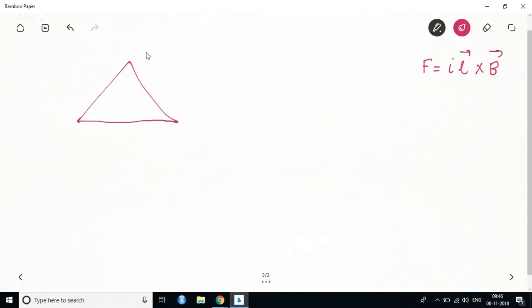This triangle is PQR, and the triangle is made of current carrying conductors. This is current I, which is flowing through the different sides.